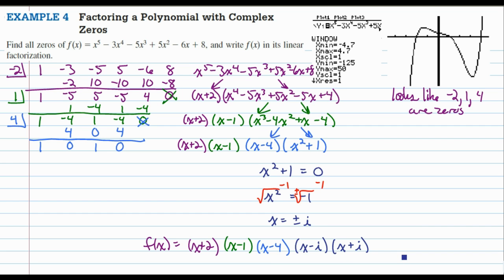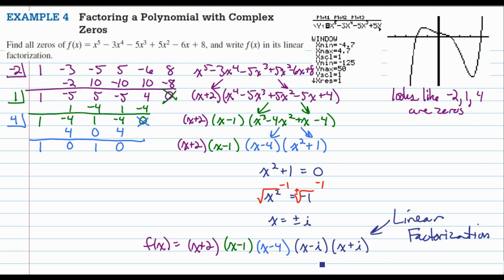So to answer my question, it says find all the zeros and write f of x in its linear factorization. Well, this is the linear factorization. As I explained in screencast 1, each one of these individual factors, if you graphed them, would be a line. So this is a linear factorization.